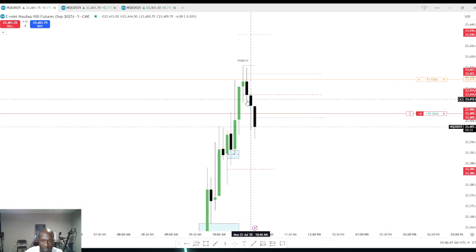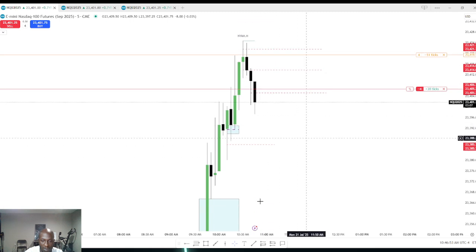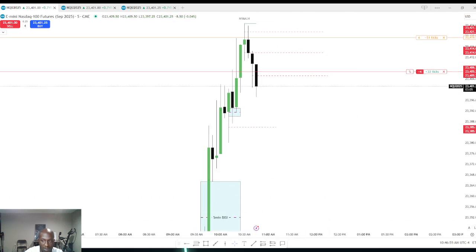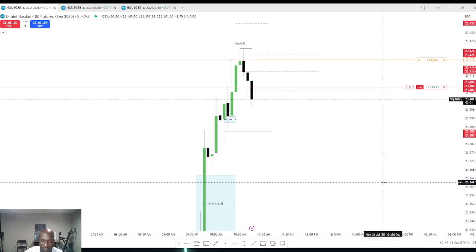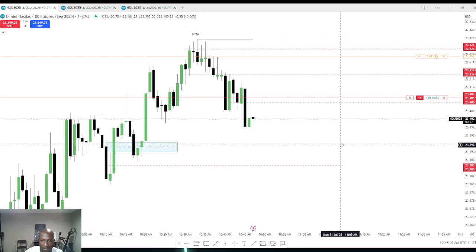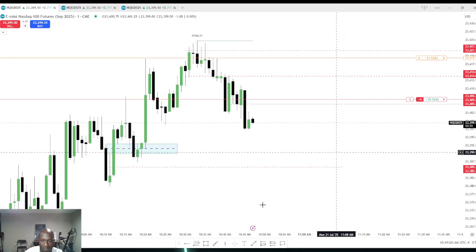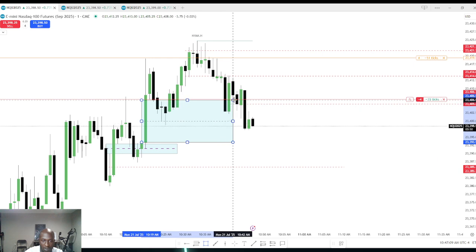What I don't like is the SIBI up here, unless that's going to be used as an inversion to go lower to work down into here. So we'll see. See what's still open.